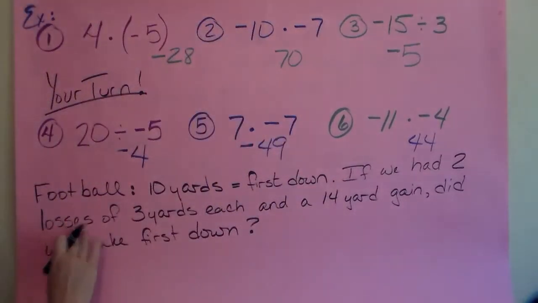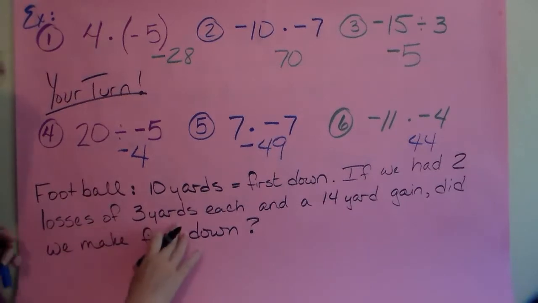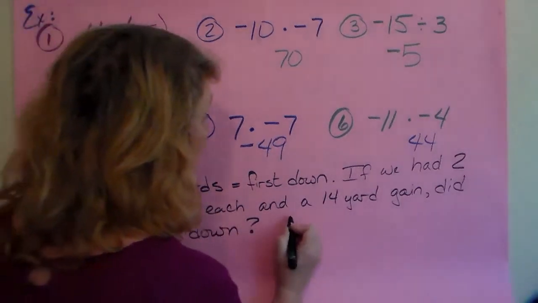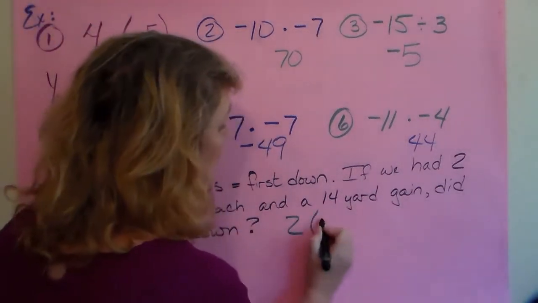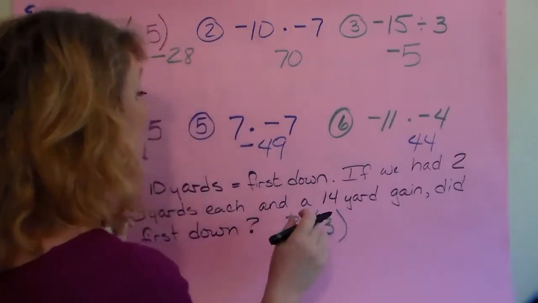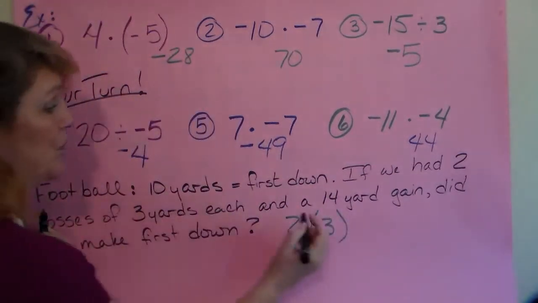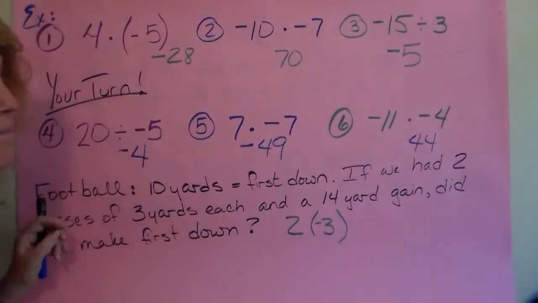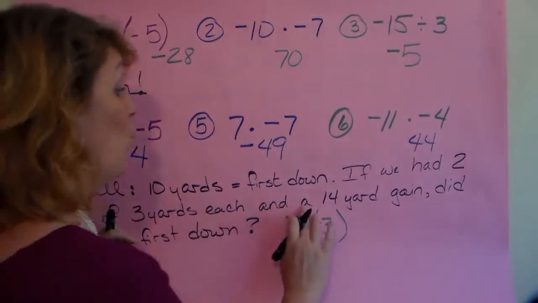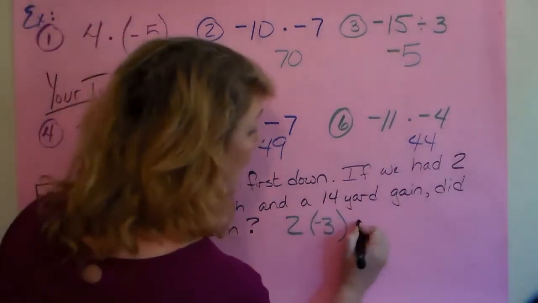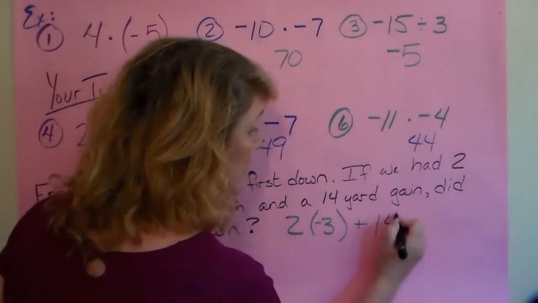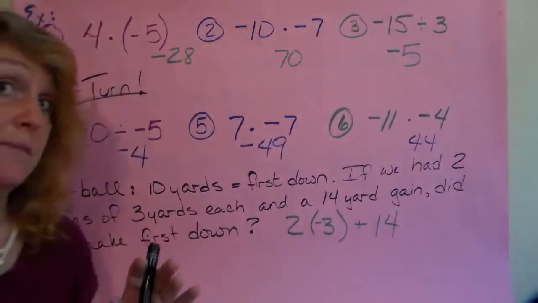So if we had 2 losses of 3 yards each, that's 2 times 3, but the 3 is a loss, which makes it a negative 3. And then we had one 14-yard gain that we're going to add to it. So this is our equation.